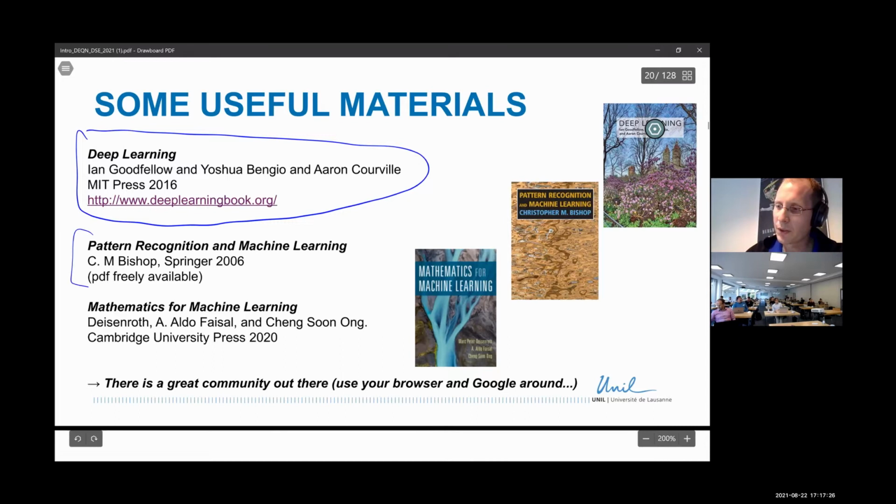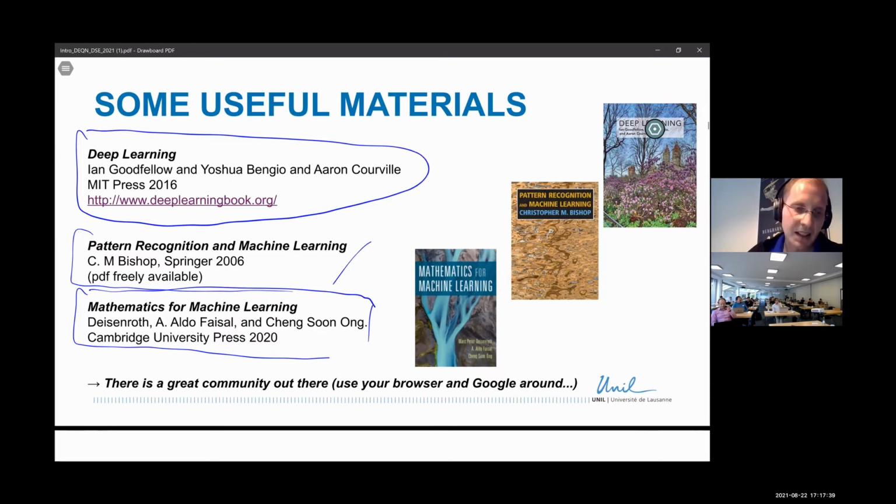There's a bit older book by Bishop, which covers machine learning a bit more broadly. And if you don't feel so comfortable with the mathematics that arises in machine learning, there's also a very recent good book called Mathematics for Machine Learning.